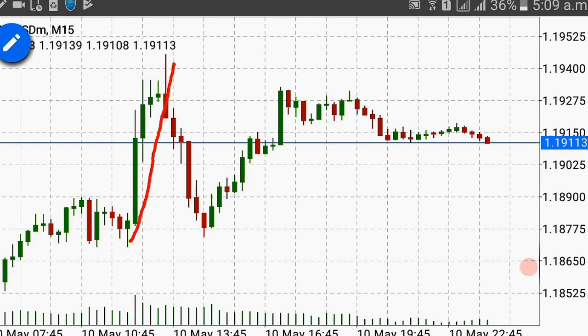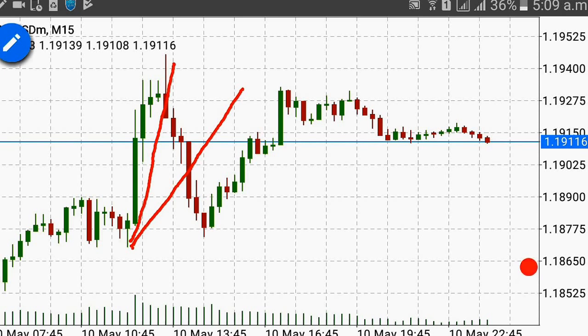The first angle is roundabout a 70-75 degree angle. Then this angle is roundabout a 45-50 degree angle. And then this is the last angle, which is like a fan, very similar to a fan. So these are three basic angles of buying.